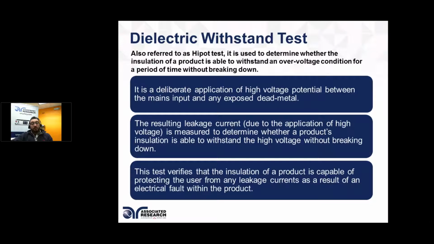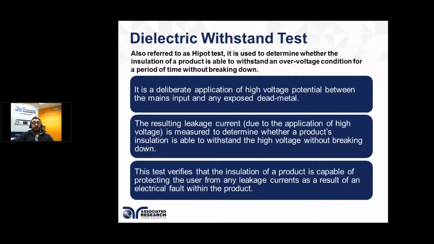The insulation will come good, and it will prevent high amounts of current from flowing on the surface of the product. And again, the leakage current is what determines the quality of the insulation.